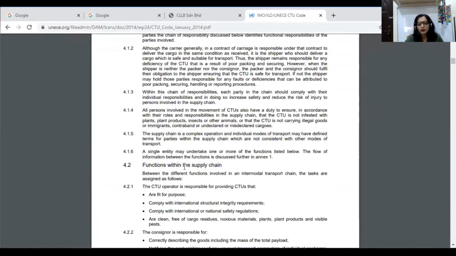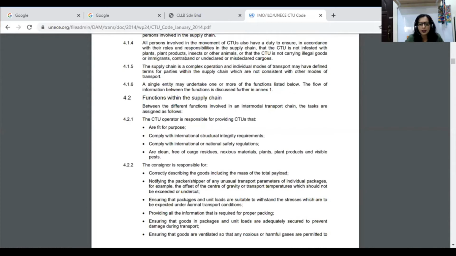So first, when they talk about functions within the supply chain, they're giving you, for instance, first the CTU operator. The CTU operator is responsible for providing CTUs that are fit for purpose and comply with international structural integrity requirements. So the CTU operator is your box.